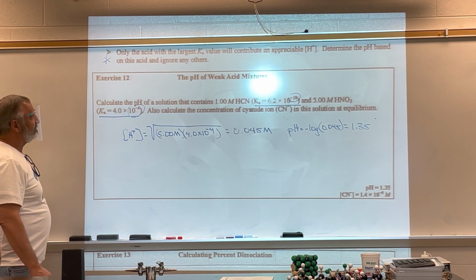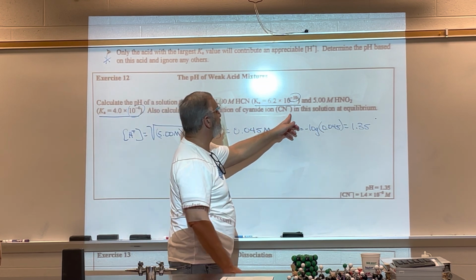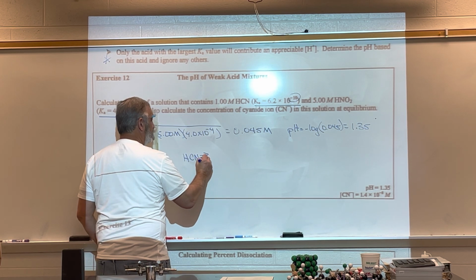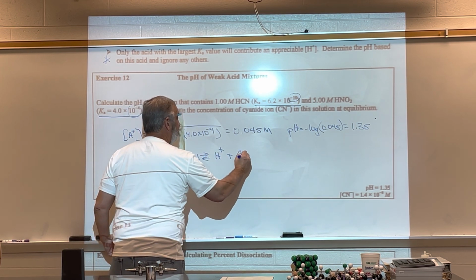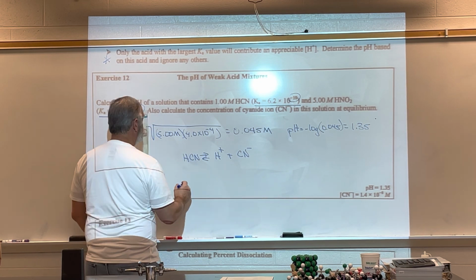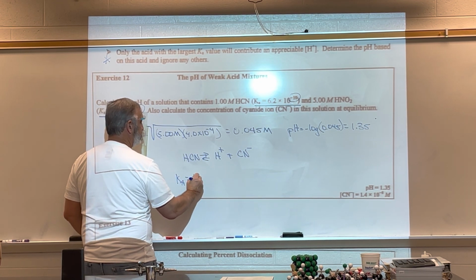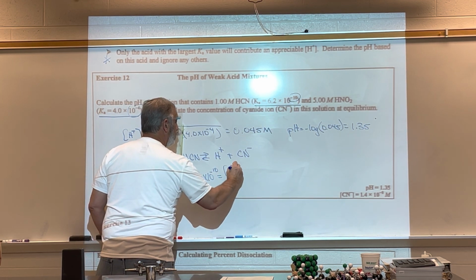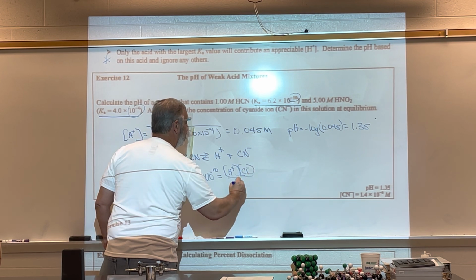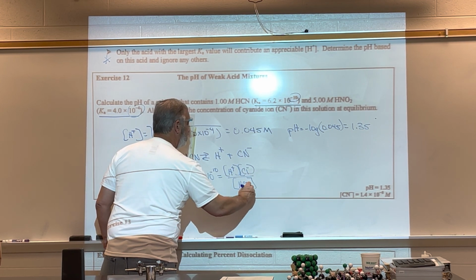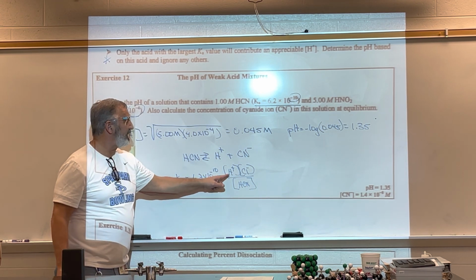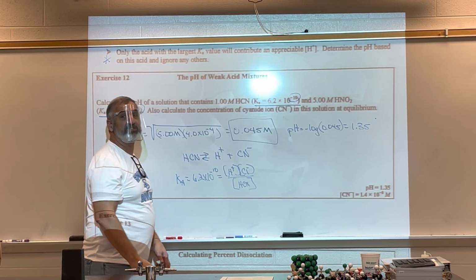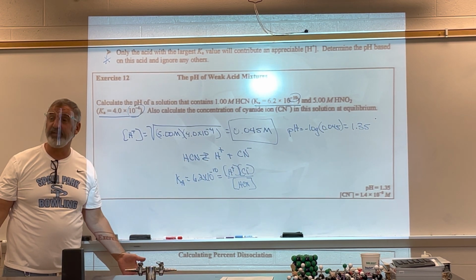All right, now, then it says also calculate the concentration of the cyanide ion. So HCN is going to break apart very little, but it's going to do this. So I know that my Ka of HCN is 6.2 times 10 to the minus 10th, which is going to equal my H plus times my CN minus all over HCN, okay? But this time we're in a mixture, the H plus is going to be that concentration. So it's kind of like a common ion problem now.